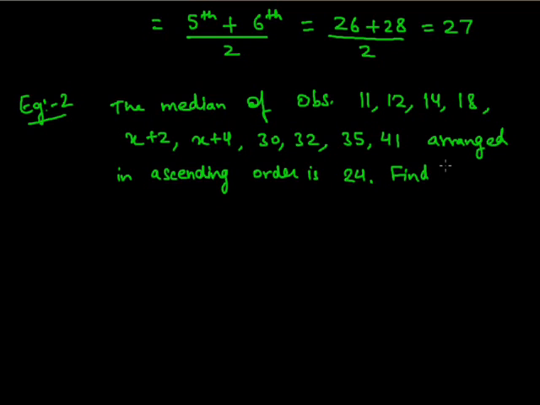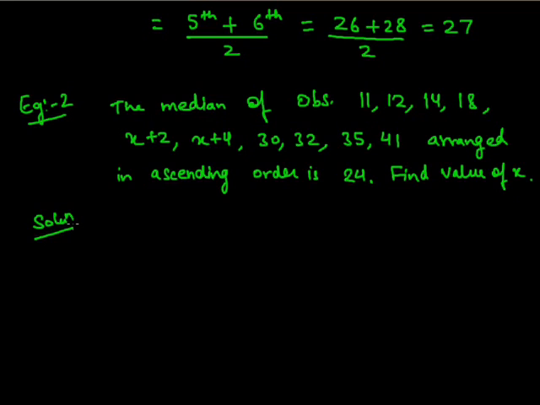Find the value of x. In the question it is given that the observations are already arranged in the ascending order and the median of those observations is 24. So accordingly we need to find out the value of x.